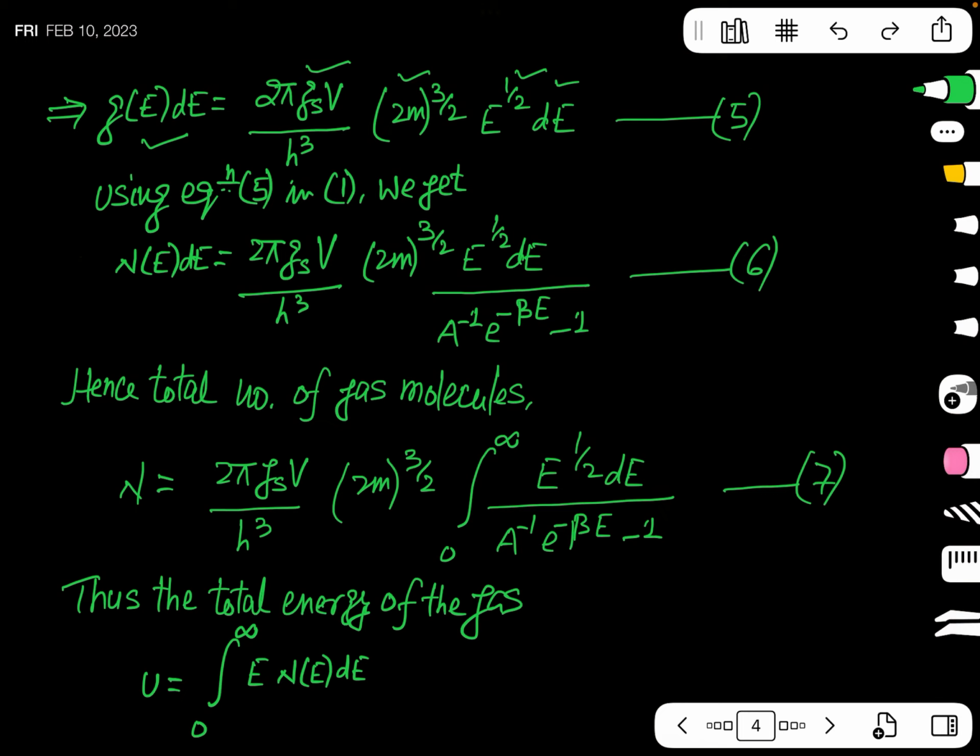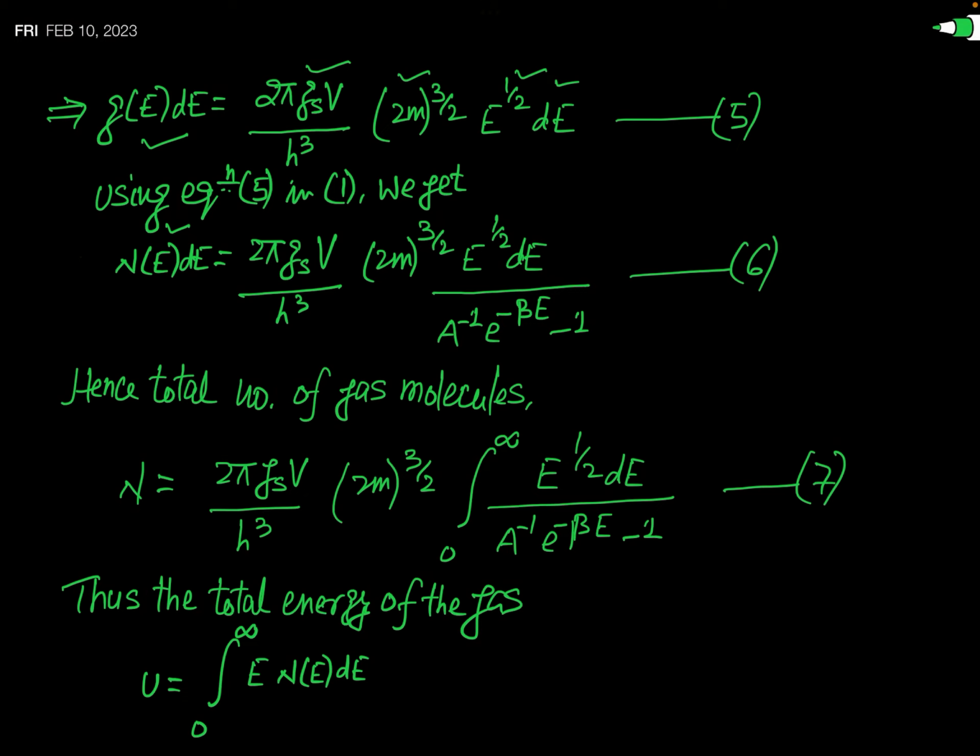After substituting that value, you will get N(E) dE equal to 2π g_s V over h cubed times (2m) to the power 3/2 times E to the power half dE, divided by A inverse (instead of 1 by A, I have written A inverse) e to the power minus βE minus 1.